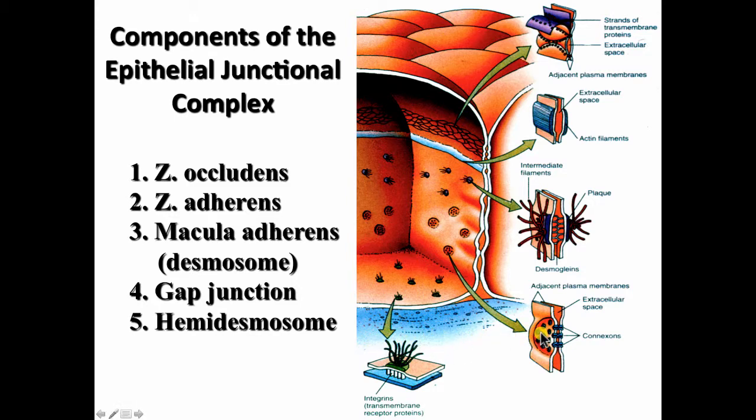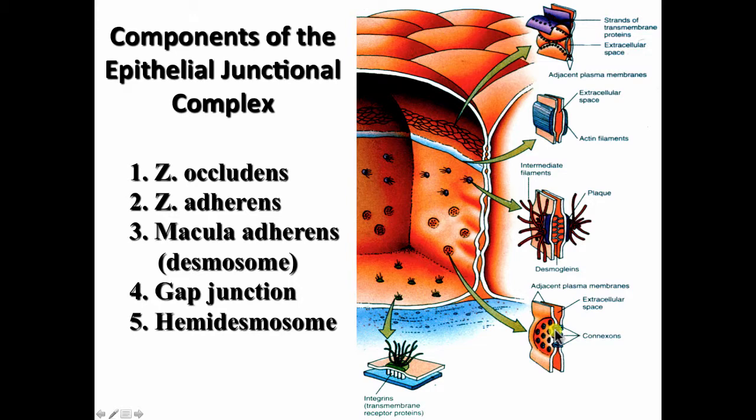Moving down to the next component of the junctional complex, we have gap junctions, and gap junctions are sites of communication between adjacent epithelial cells. Each plasma membrane has a little structure called a connexon inserted in it, and these connexons are made up of 6 protein subunits called connexins.